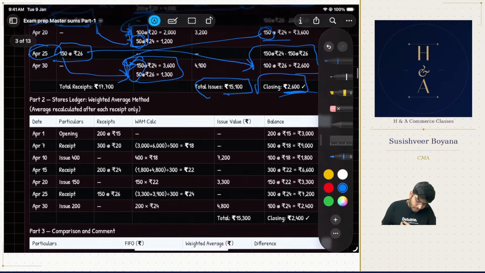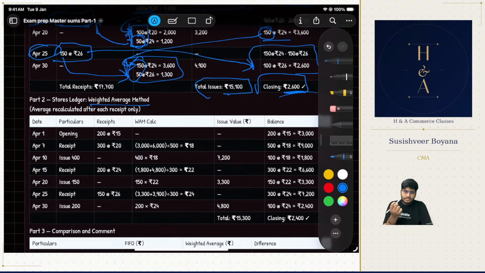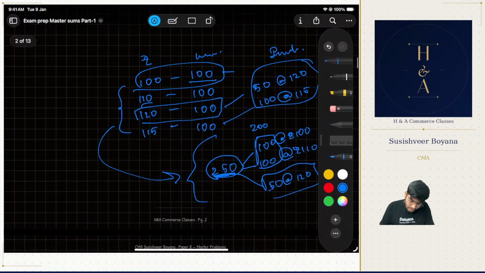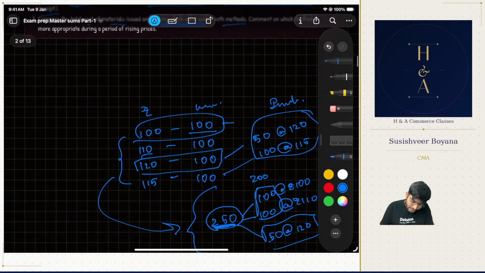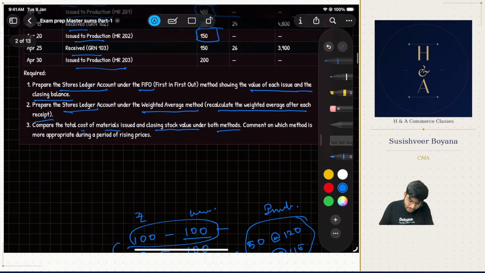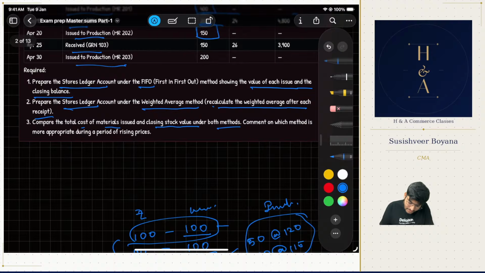So what is the weighted average method? Very simple. You just have to calculate the weighted average and you can use it for issue. First, understand, ideally you wouldn't multiply these figures and then divide by 4, and that is not the weighted average you're going to get. Weighted average here is recalculated after each receipt.